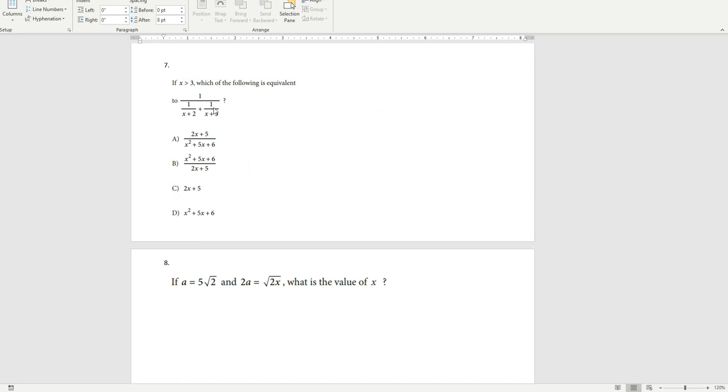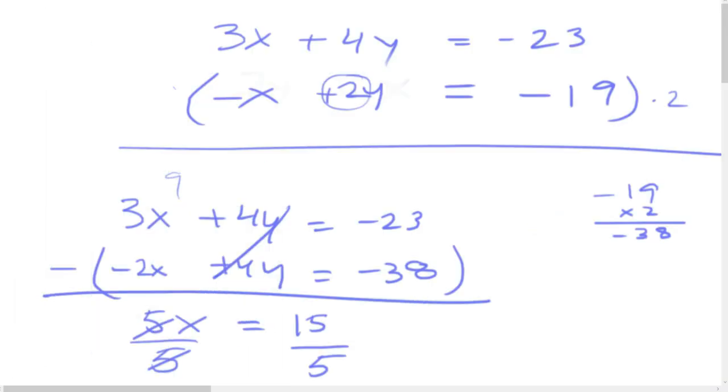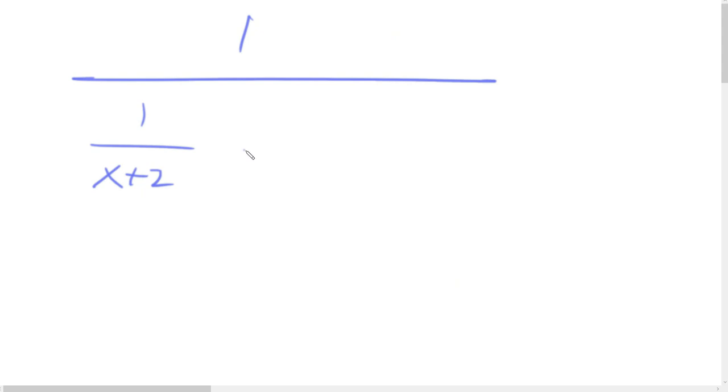Well, you're given an expression and you're given another expression. So which one of them is equal to this? Okay, so this is a trick you should know: whenever you see a lot of fractions, this is what happens. You have 1 over 1 over x plus 2, and then plus 1 over x plus 3.